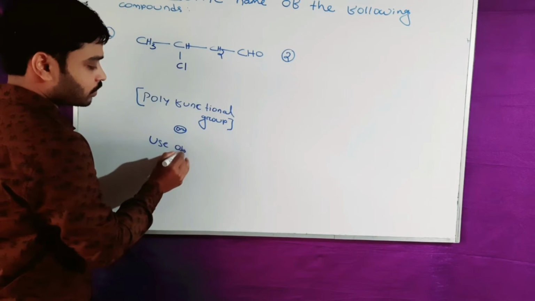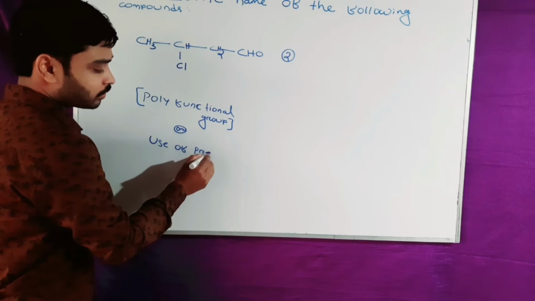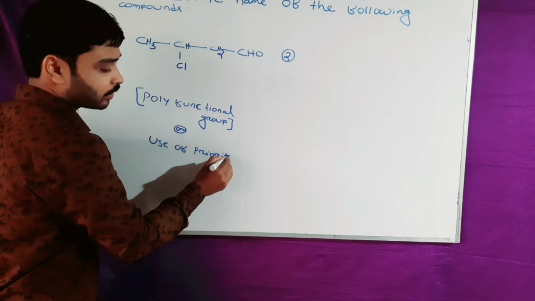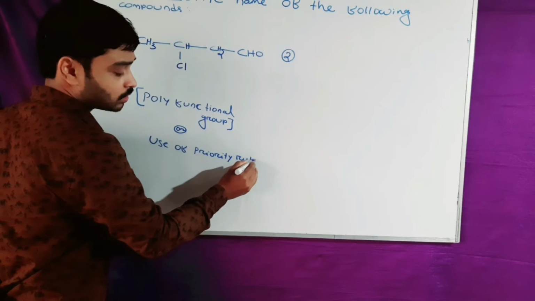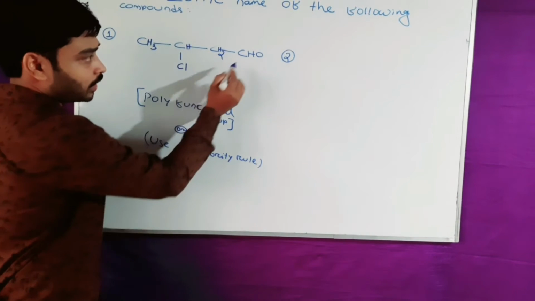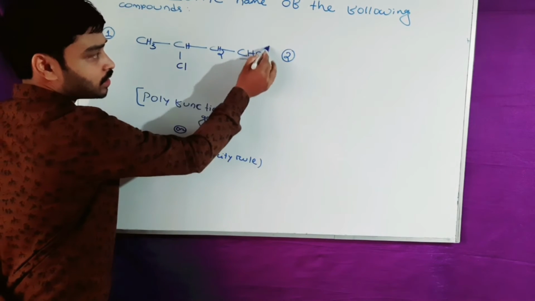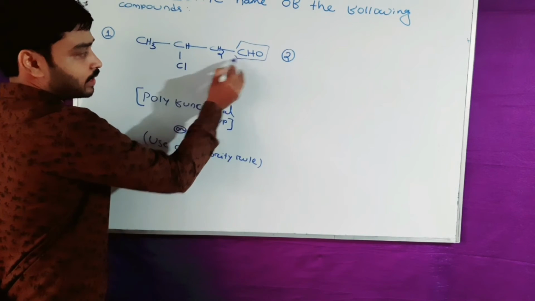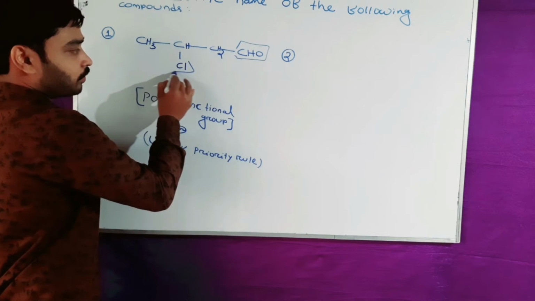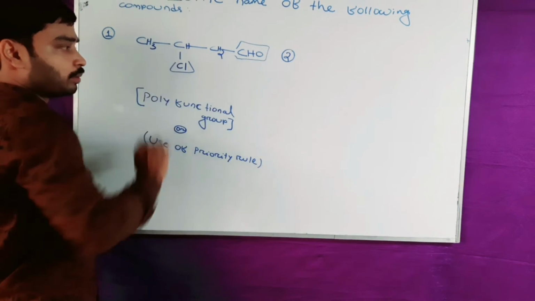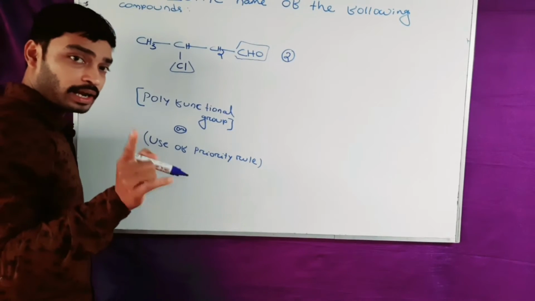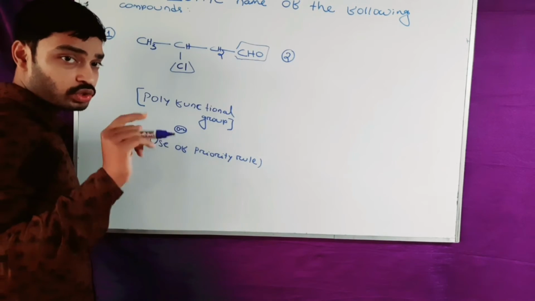You can also tell it use of priority rule, because here more than one type of functional group is present; it is one type of functional group and it is another type of functional group. Among them, one is senior and another is junior.